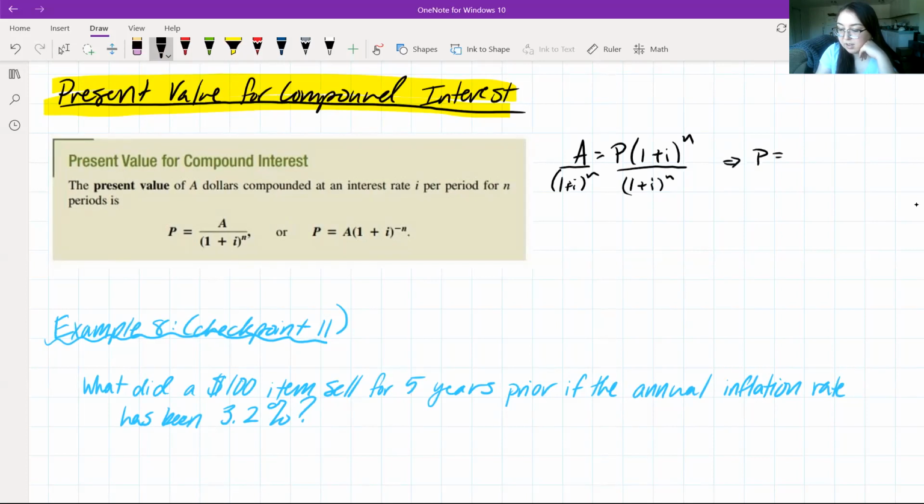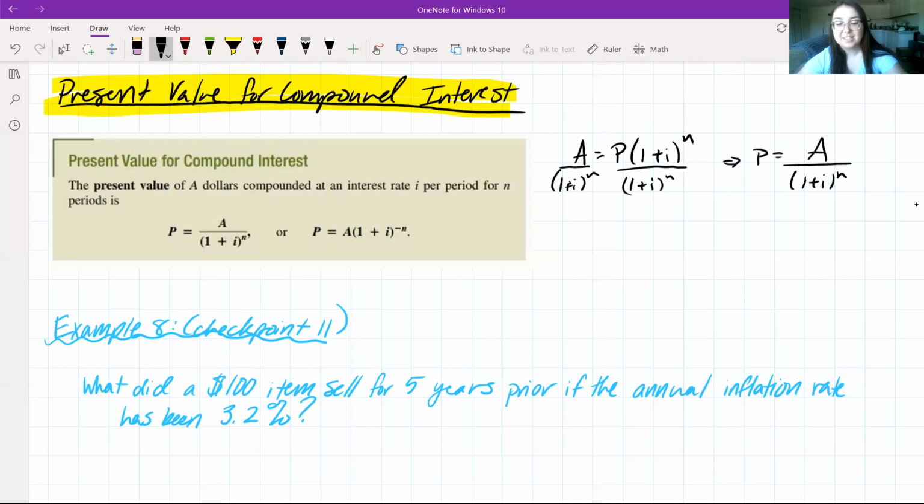And we get P is equal to A divided by 1 plus i to the n power. So to find your present value for compound interest, all you need to do is single out and isolate your P value, which you originally had in your compound interest equation anyways. So this is just a reframing.